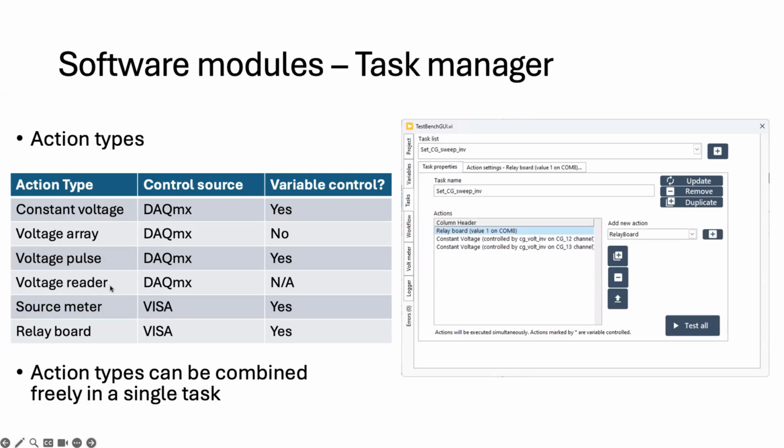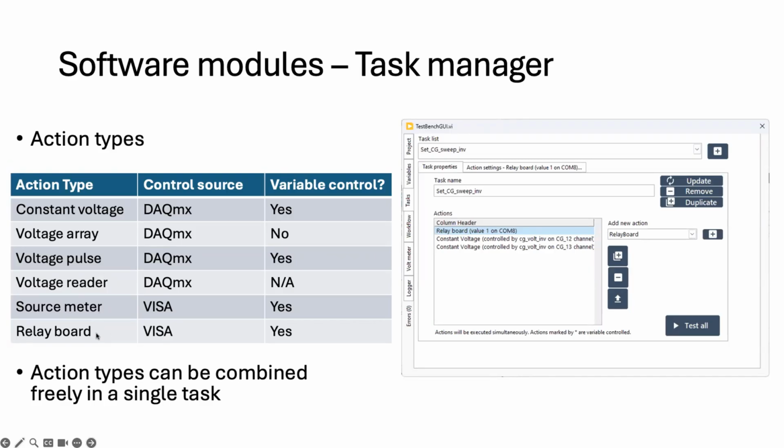Then there is one task which is related to the analog input. With the voltage reader task, you can set up conditions to read data from the analog input channels. Then we have the source meter action, which defines a measurement task for the source meter hardware, and one for the relay board.